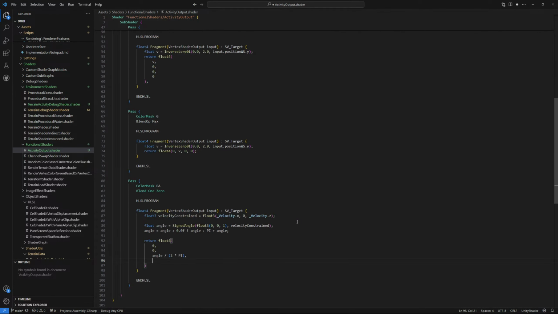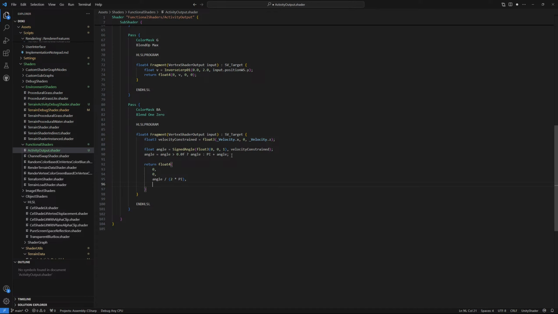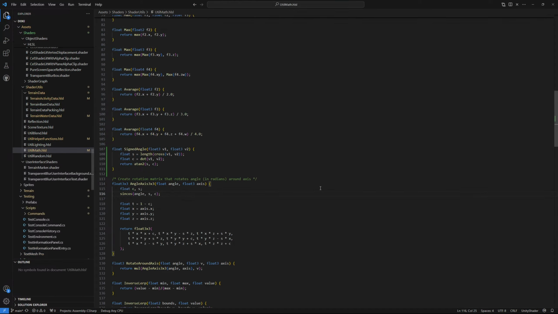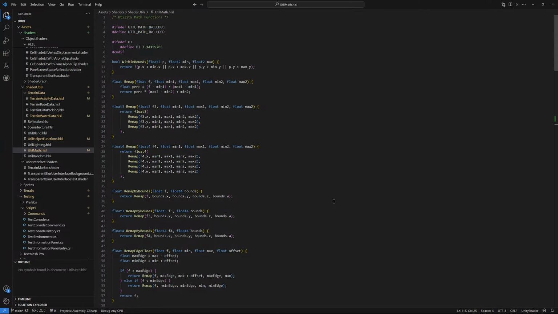So we need to add max velocity we care about and minimum velocity we care about. Yo, what's up, Harukanen? I have no idea. Let's see. We do it as a define.